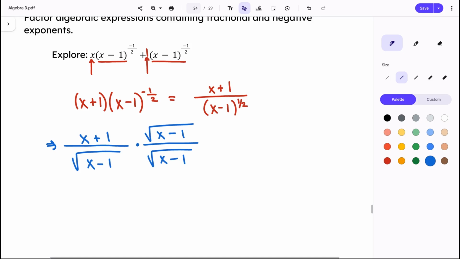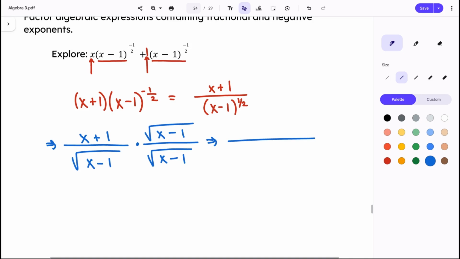When we do that on the top, I can't really do anything with these because one's not in a square root and one is, so I'm just going to put them side by side.